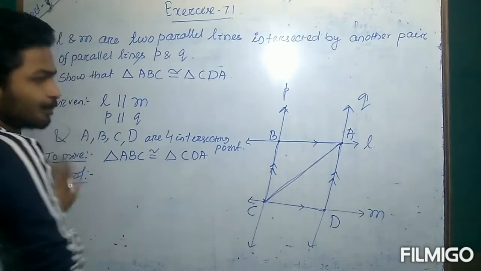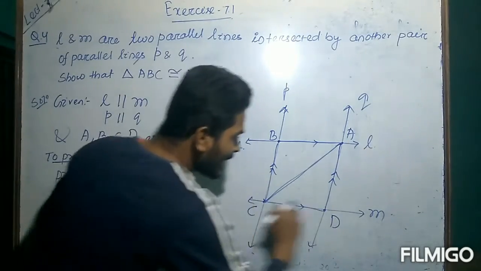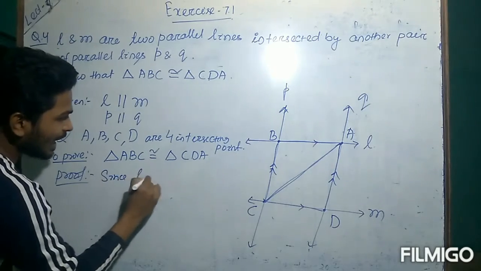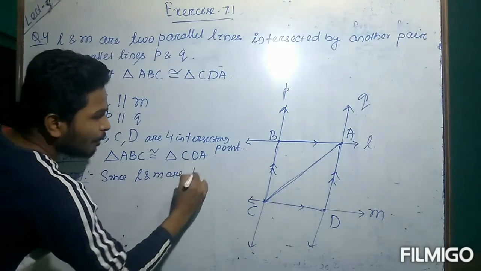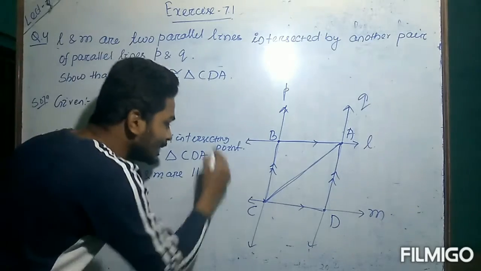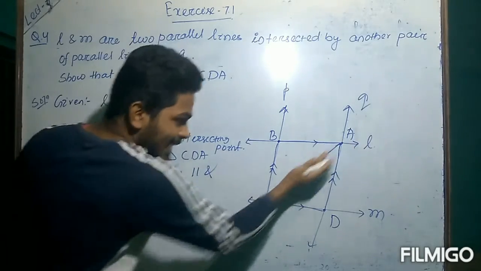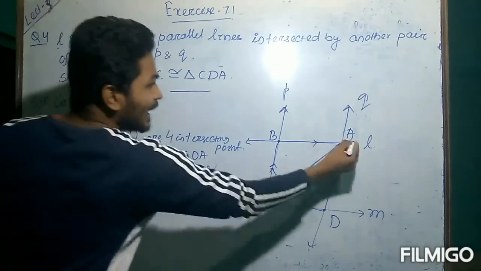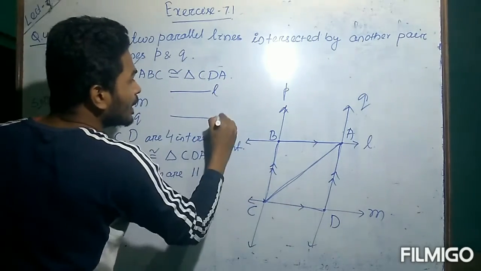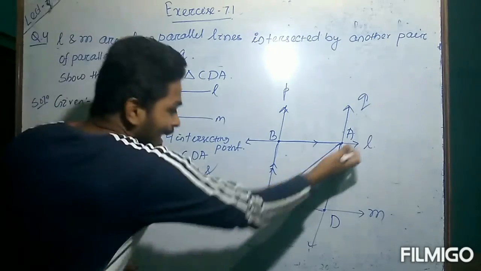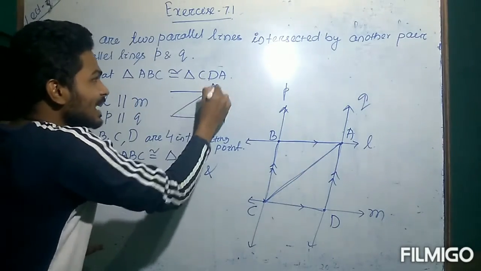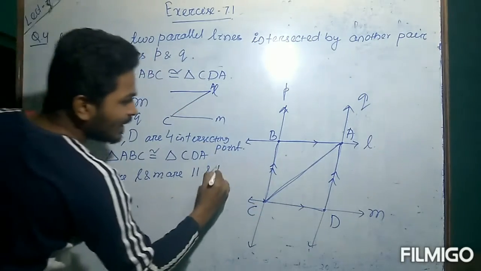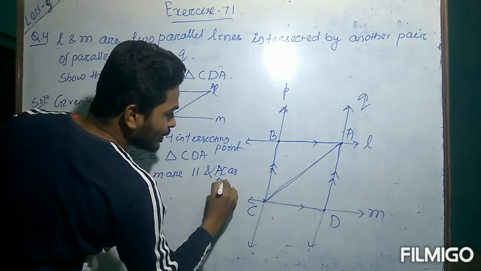If we consider L and M as two parallel lines, and AC, so this is A, this is C, as a transversal line.